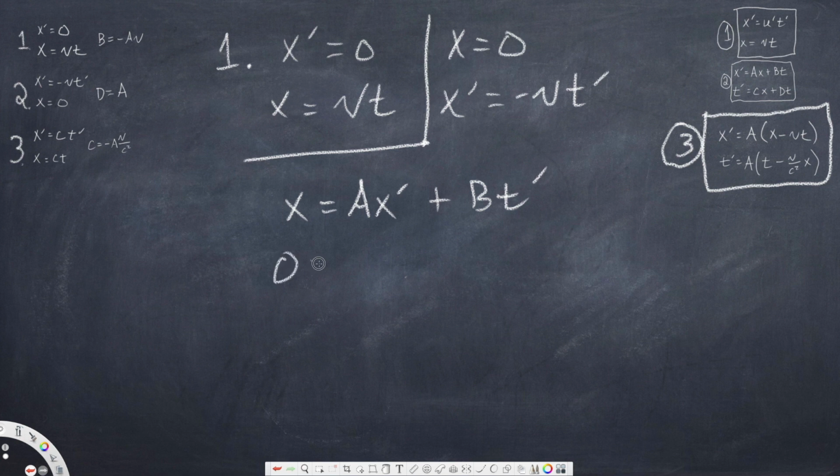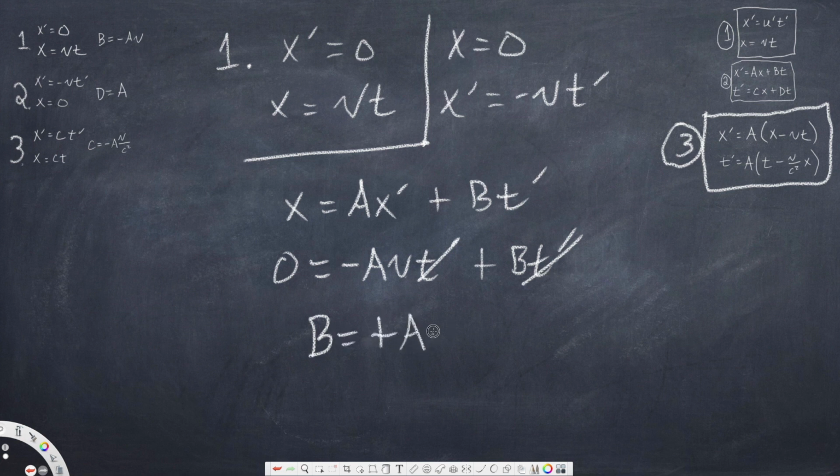We flip the entire equation around, right? Everything looks the same as the first time. We get 0 over here, but this time we get negative a v t prime plus b t prime. We can get rid of the t primes, and we are left with b equals positive a v.